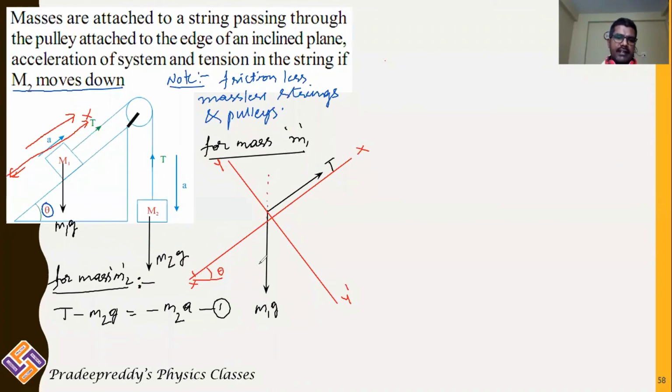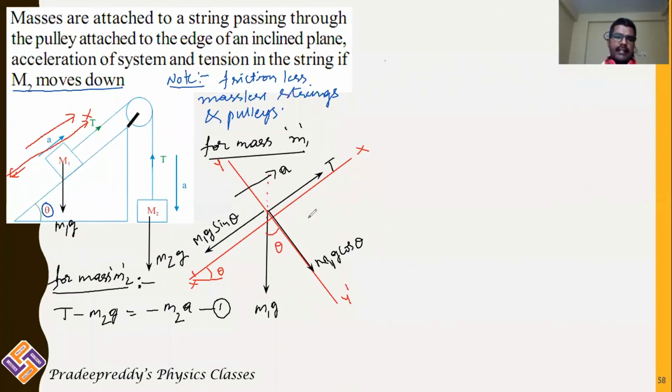If this angle is theta, then you can resolve m1g into components. One component along this direction and one component along this direction. This is m1g cos theta, and this is m1g sin theta. And acceleration is to the right side, that is a.